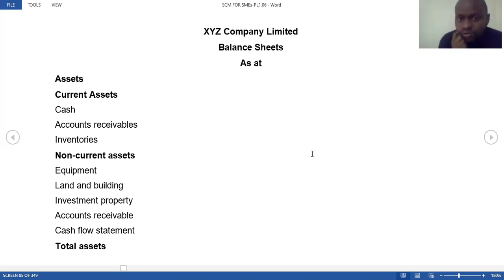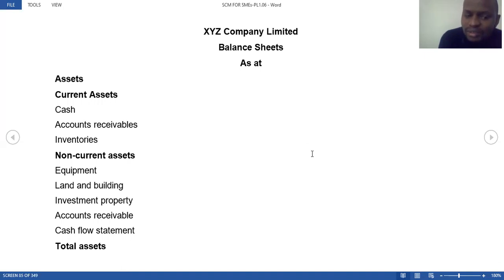And this is a balance sheet for company XYZ. And remember, when you are calculating the balance sheet, you must have a title of your balance sheet and also the period in which you are calculating your balance sheet. So the balance sheet has the assets, where we have the current assets and the non-current assets.